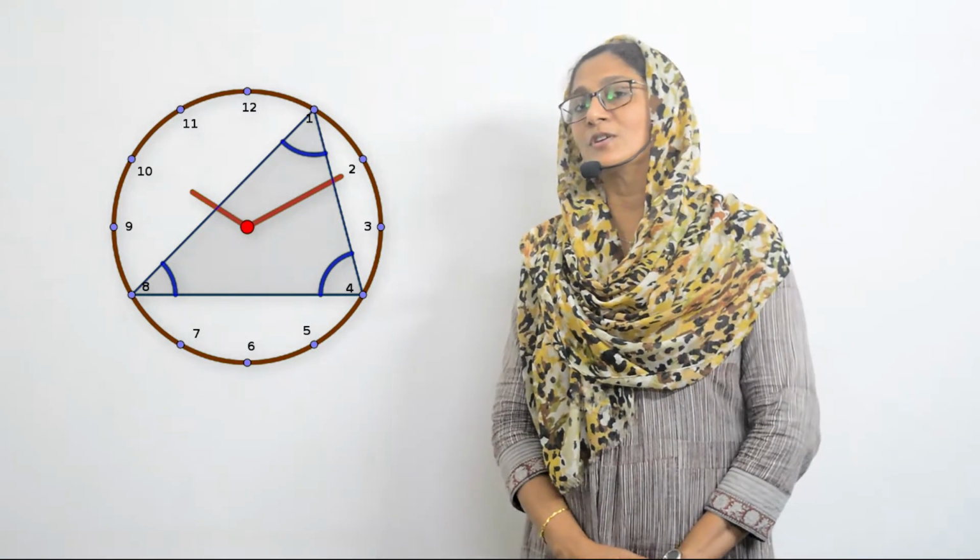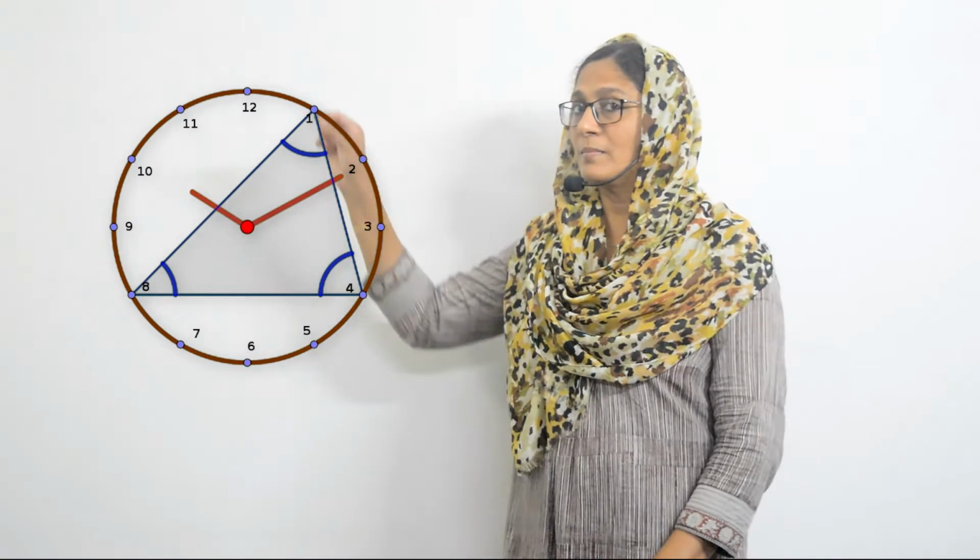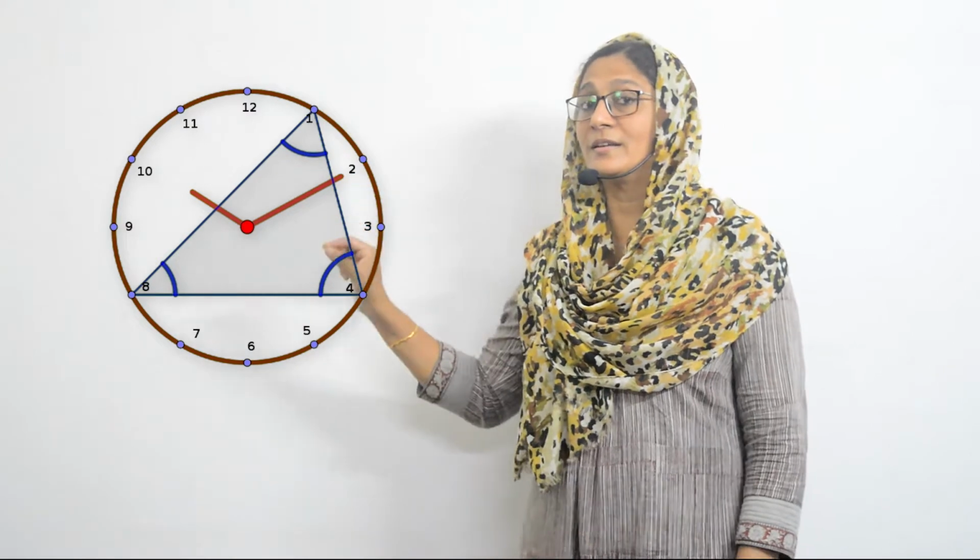So it probably has many properties of circles. The 12 numbers on the clock are all 30 degrees apart, because totally in a circle we have 360 degrees. 360 divided by 12 gives you 30 degrees. So each number on the clock is 30 degrees apart.